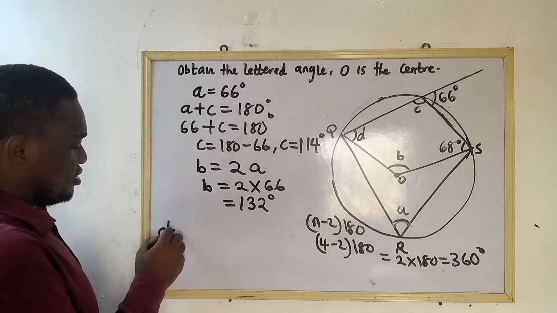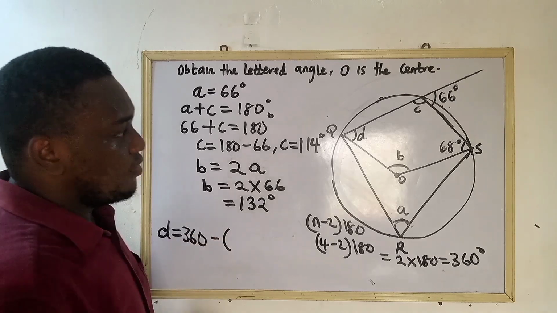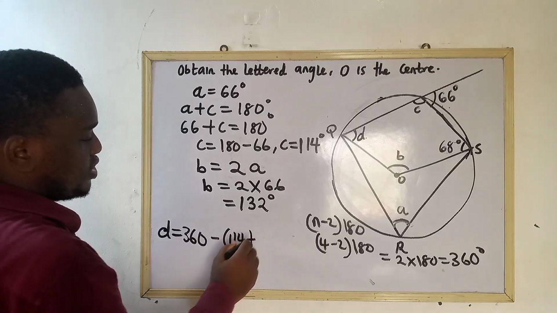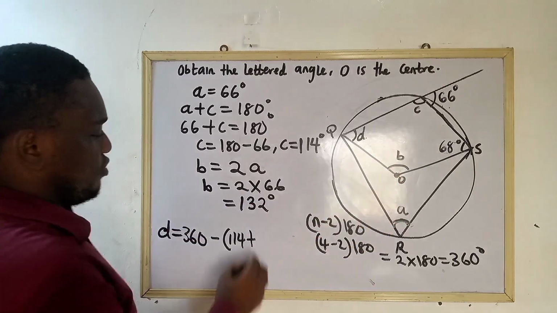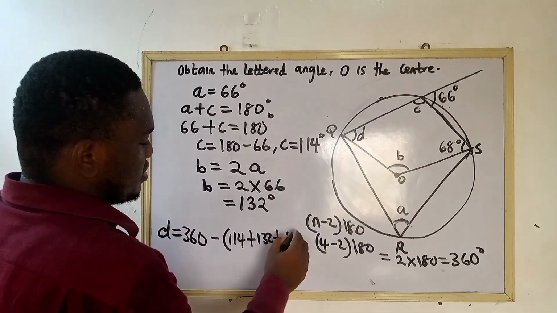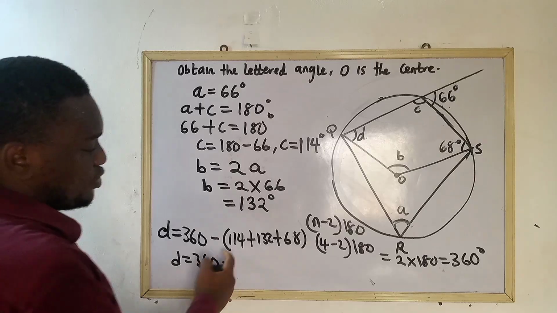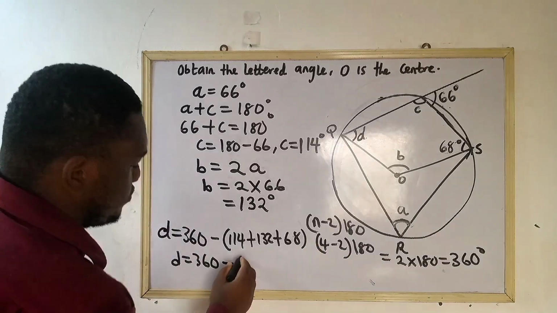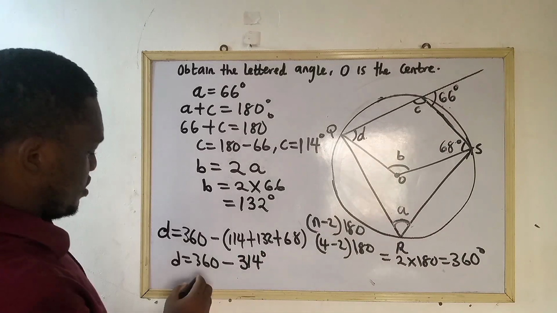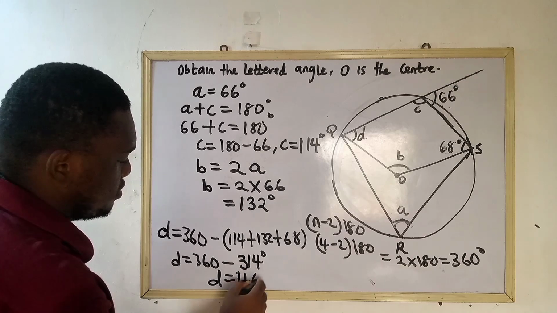So angle D should be equal to 360 minus, what is angle C? 114 plus, what is angle B? 132 plus, what is the last one? 68. D is 360 minus, what is the sum of these angles? 314 degrees, and D should be equal to 46 degrees.